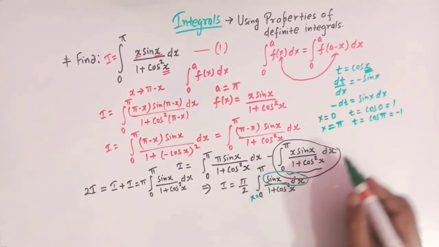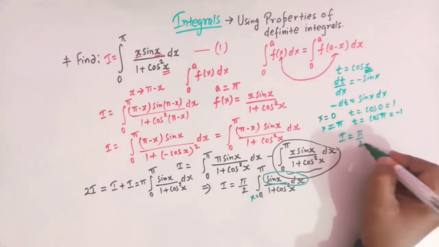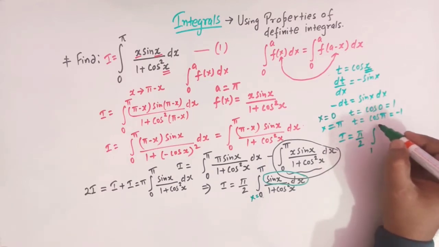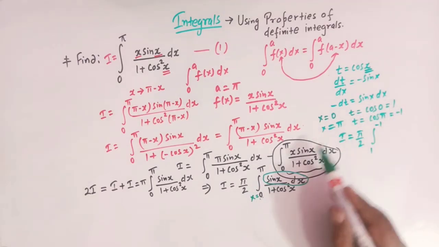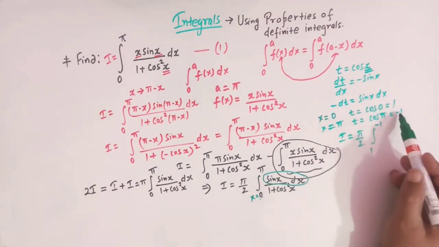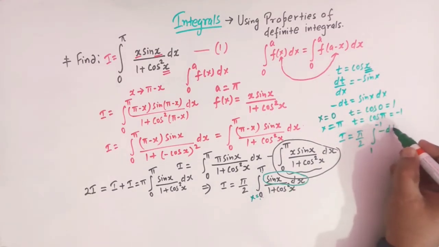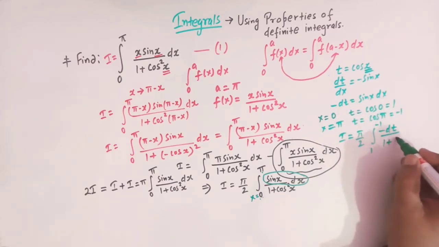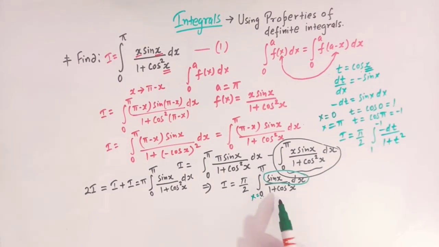So now this integral takes the form I is equal to pi over 2, and we have the limits from 1 to minus 1, because when x is 0, t is 1, when x is pi, t is minus 1, and for sine x dx we can write minus dt, and we have 1 plus t square, because cos x is equal to t.